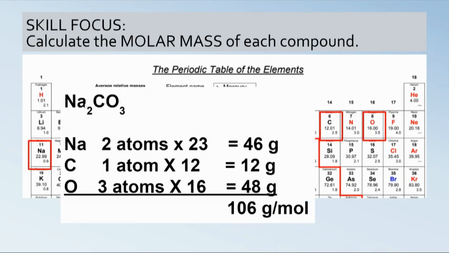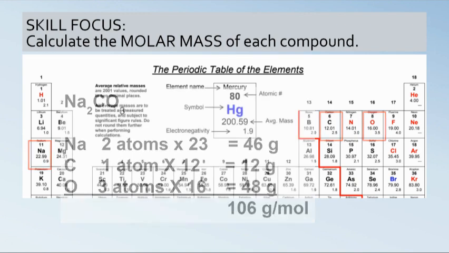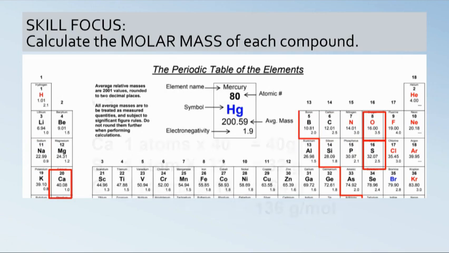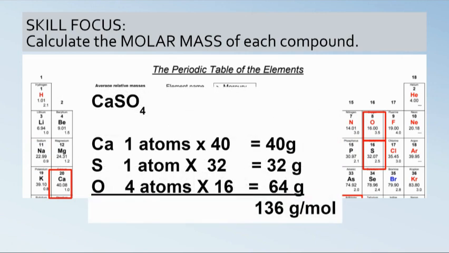We have 2 atoms of sodium, each with a mass of 23, 1 atom of carbon with a mass of 12, and 3 atoms of oxygen, each with a mass of 16. When we add up the masses of all of the elements within the compound, we get the mass of the whole compound, or 106 grams per mole. And for our final problem, calcium sulfate, you should have gotten a molar mass of 136 grams per mole.